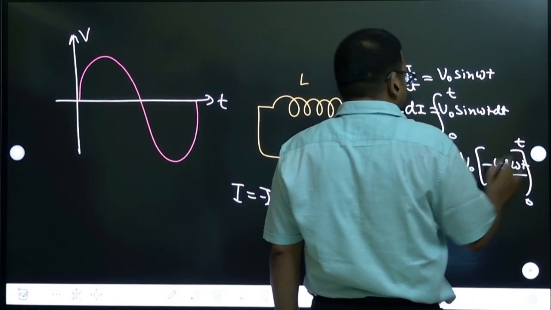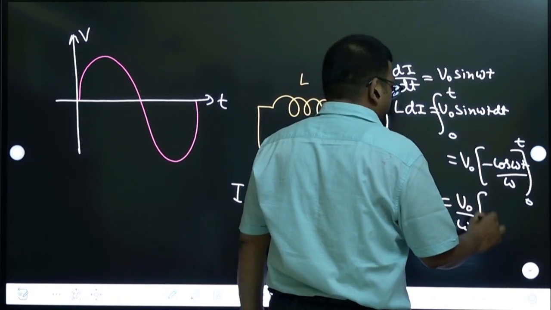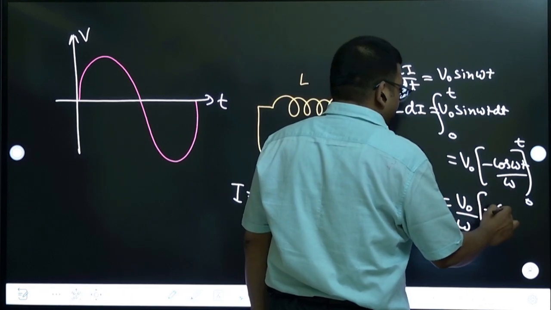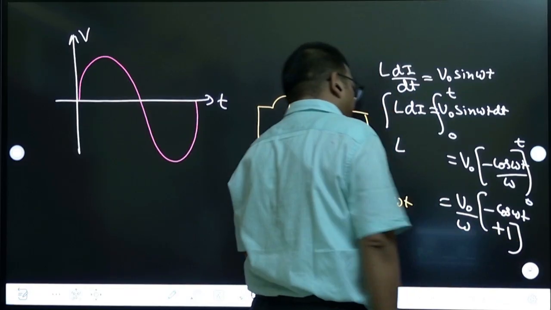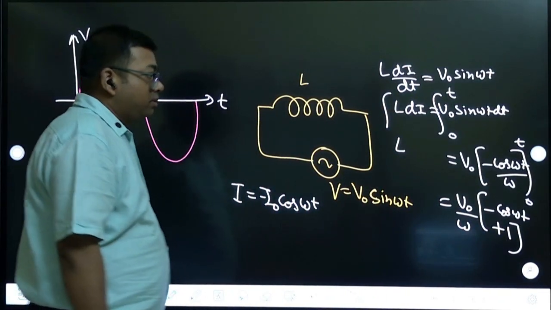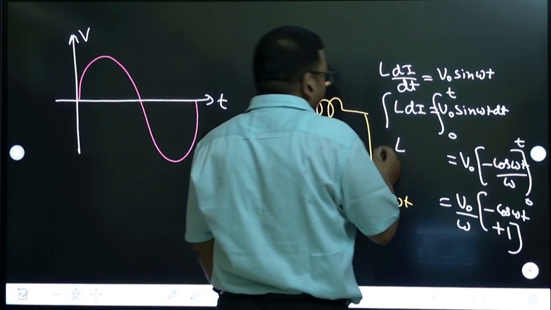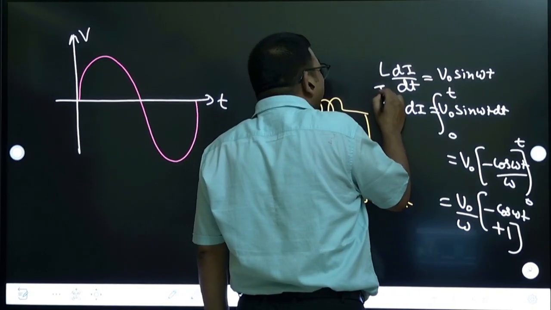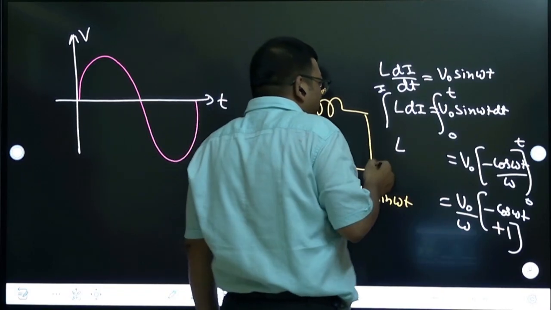Suppose I put the limits on the right side: at the upper limit we get minus cos omega t, and minus minus plus 1 comes, right? That one comes. But here what is the limit? Final value will be I only, but the initial value we do not know. Correct? Initial value you do not know.